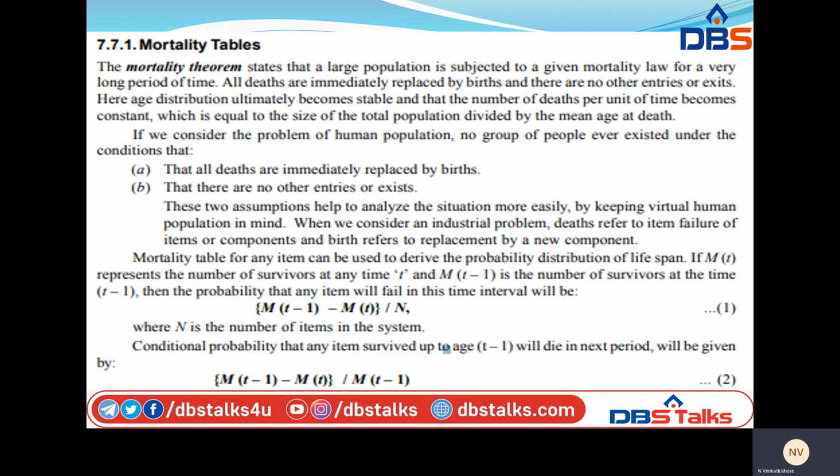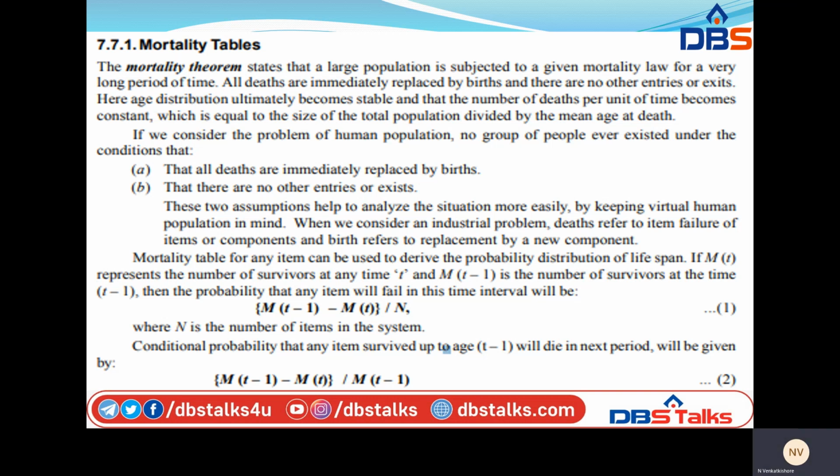And the second one is that there are no other entries or exits. The death means exit. Without the death, we are not able to hire the person. And at the same time, without the birth, we are not able to create the item, so we cannot enter the item. So those are the two conditions.